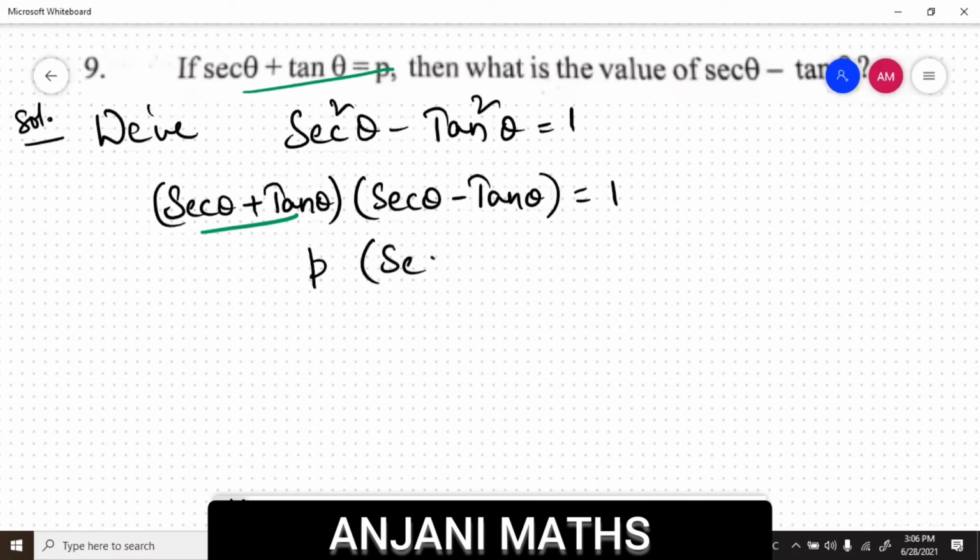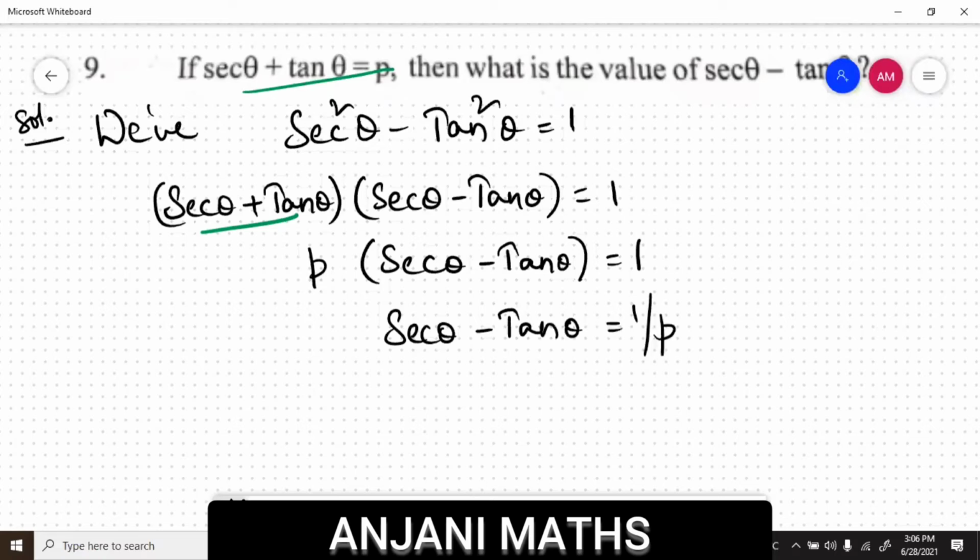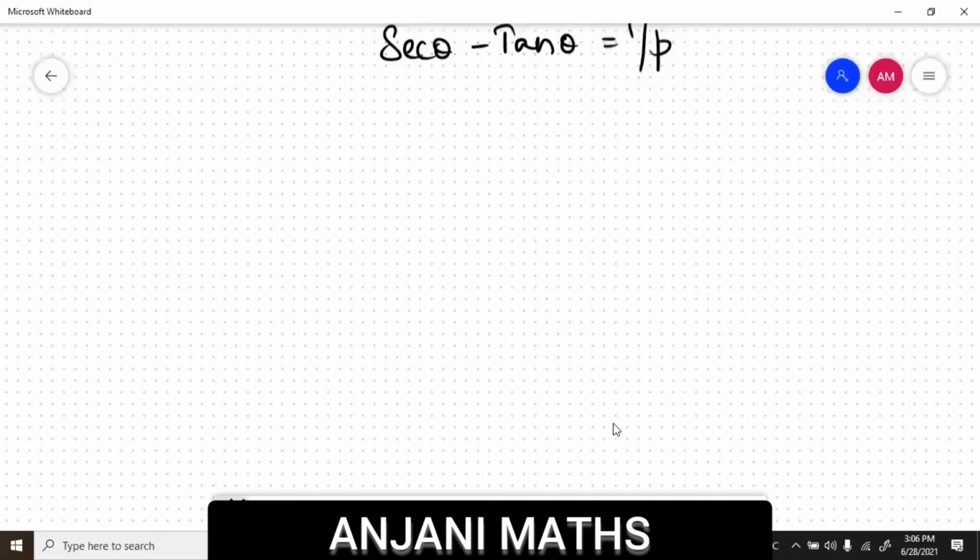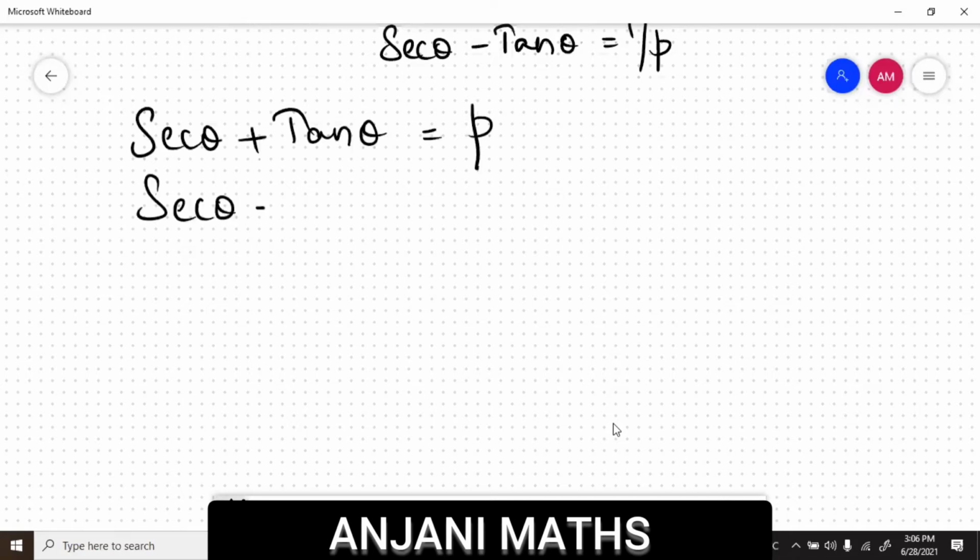So secant theta minus tan theta into p is equal to 1. So what about secant theta minus tan theta? That is equal to 1 by p. So if secant theta plus tan theta is equal to p, secant theta minus tan theta will be 1 by p.